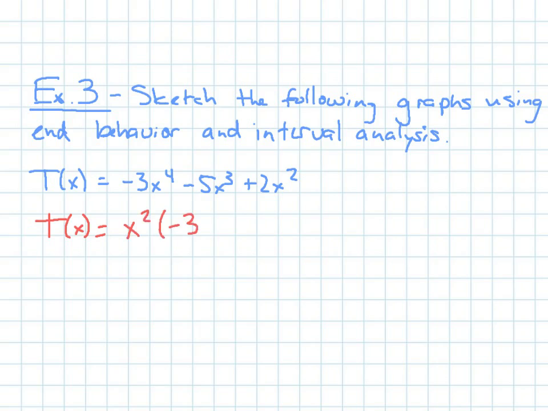So it gives me x squared times -3x squared minus 5x plus 2. Okay, and then from there I want to see if I can factor. Then the first terms would be 3, so you have -3 and 1 as factors, or 3 and -1, whichever one, or 2 and 1.